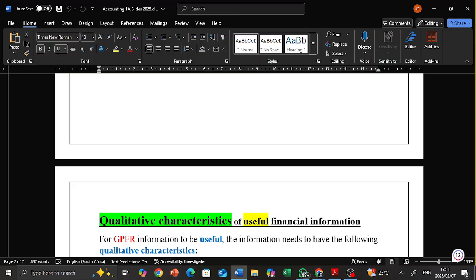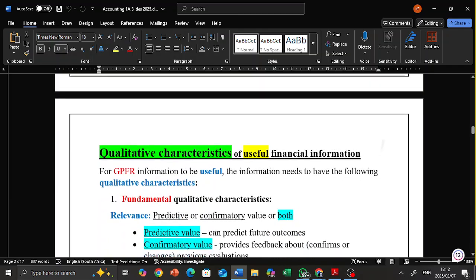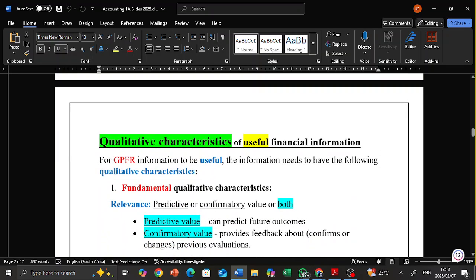Qualitative characteristics of useful financial information. So, for GPFR, what is GPFR? General Purpose Financial Reporting. For that reporting to be useful, we spoke about usefulness.